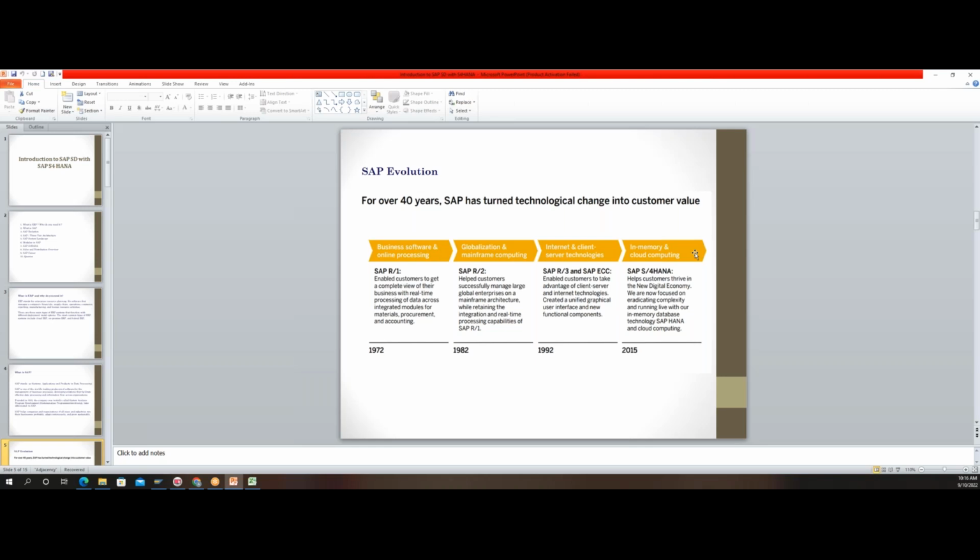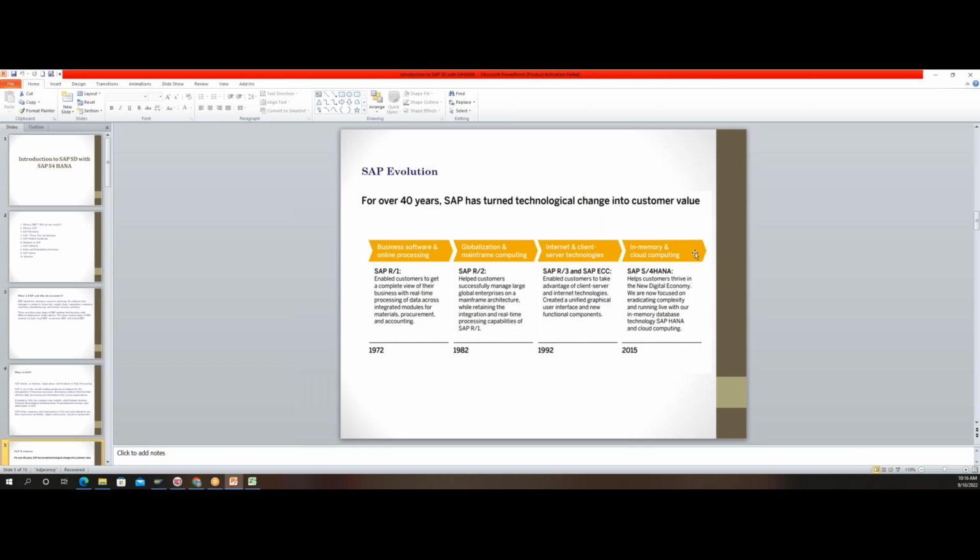It's an in-memory and cloud computing technology oriented ERP product. So it was more digitalized, and the database concept, or you know the saving and retrieving data or searching the data pattern, was different in this.